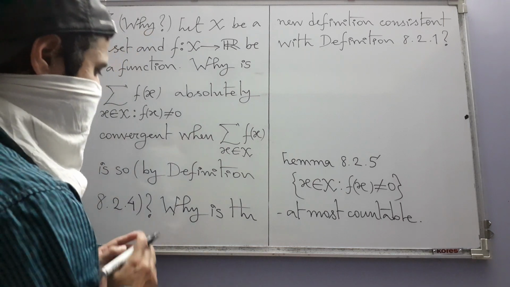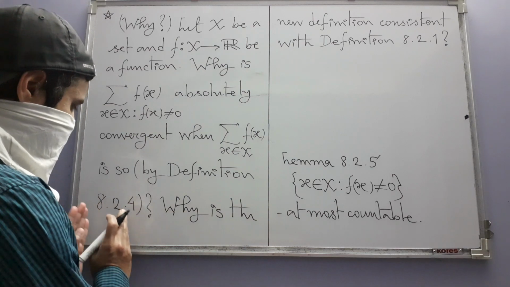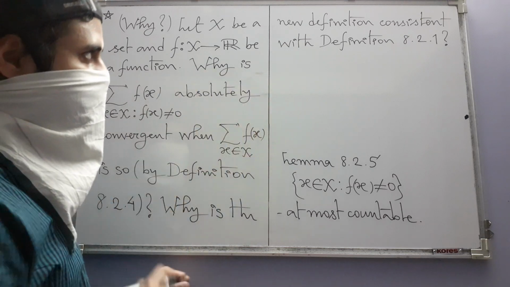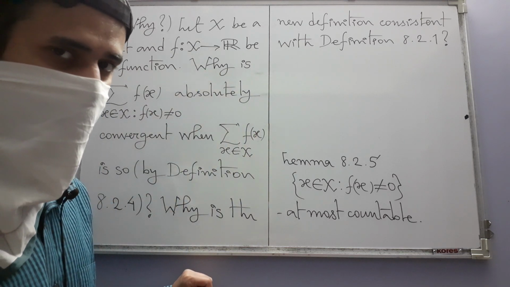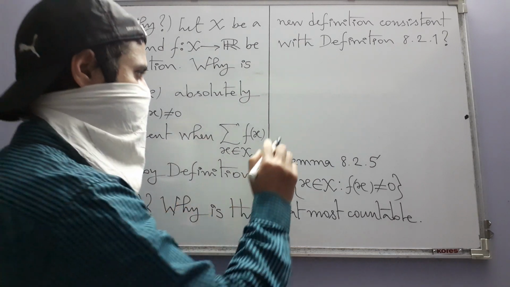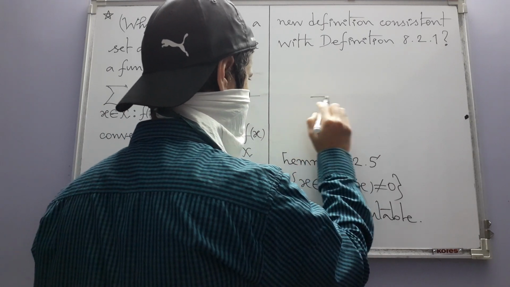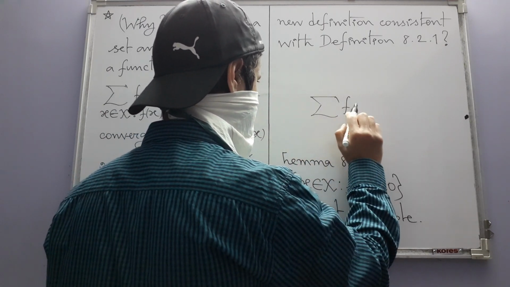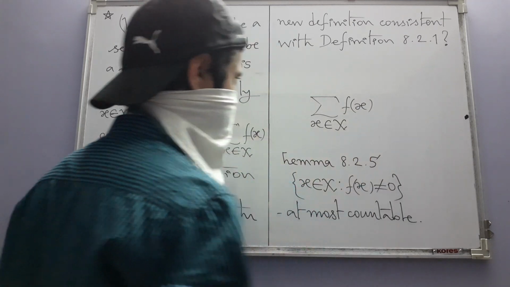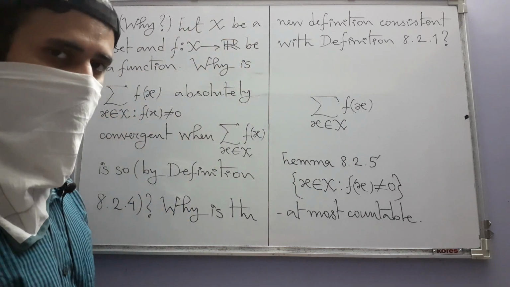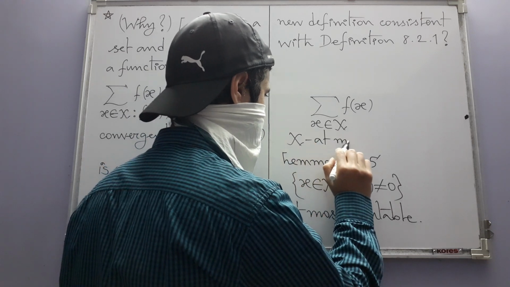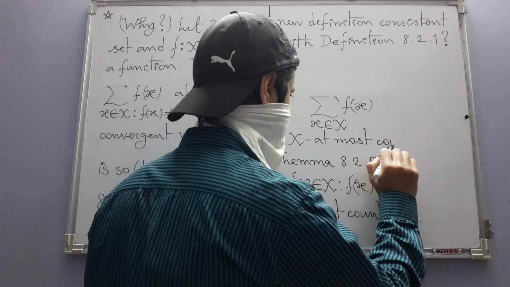And the second thing is this: why is this new definition, that is definition 8.24, consistent with the old definition 8.21? What do we mean by this consistency? That is just simply this. Say you consider this sum again with all these hypotheses, but now X is at most countable.